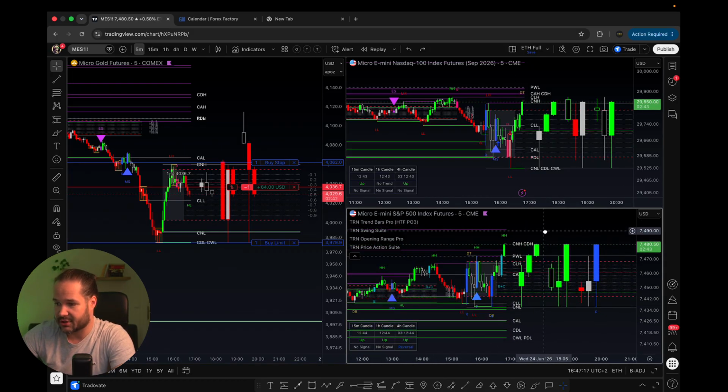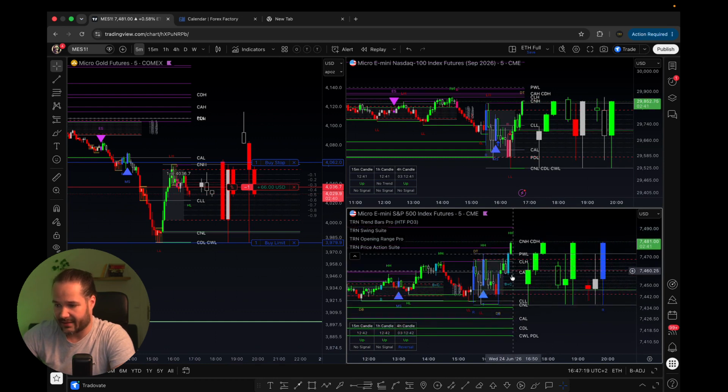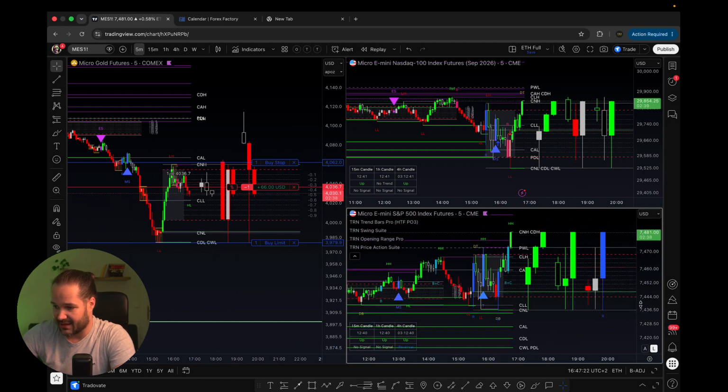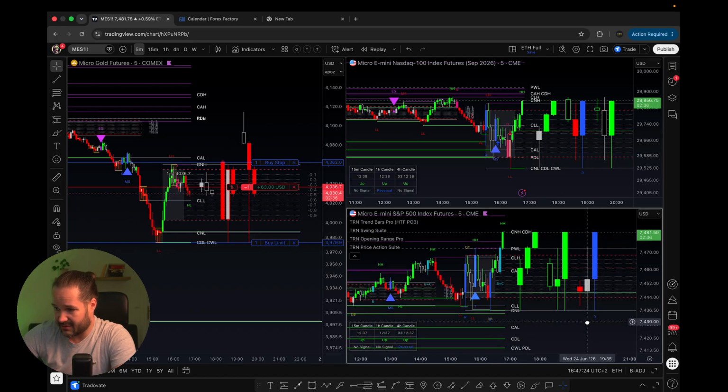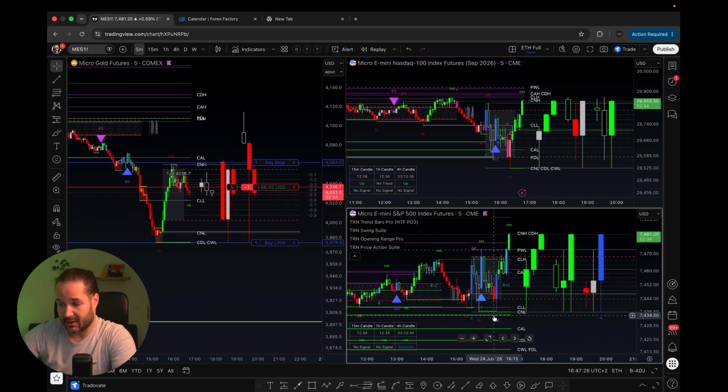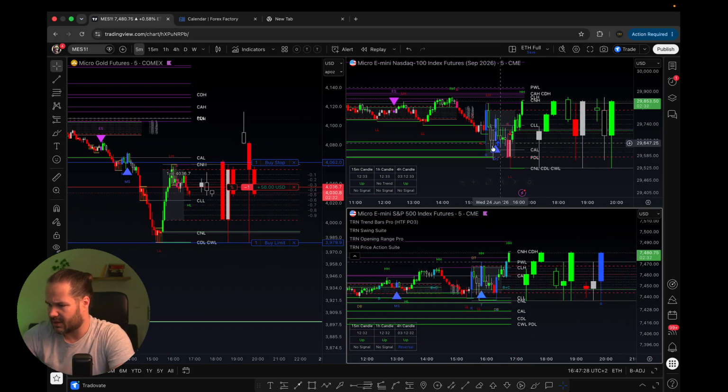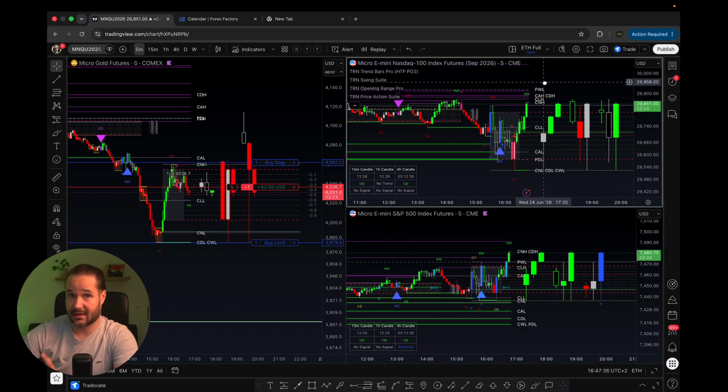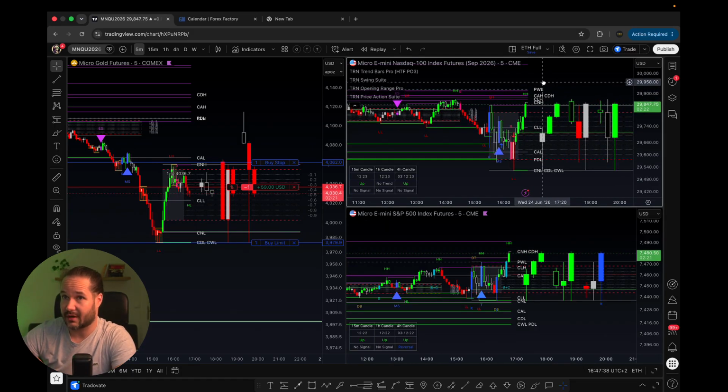That's how the correlation should work. It is a bit sad that we got stopped out here, because if it wouldn't have hit my stop loss here, this was my long trade on NQ, then we'd probably have hit my potential target. It's a bit sad, but that's the game. It was a good try, honestly.